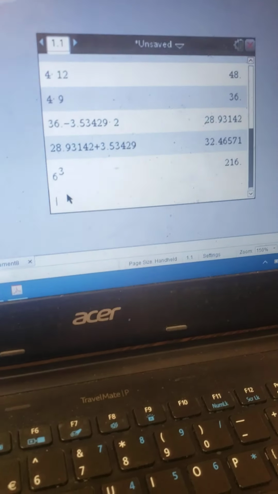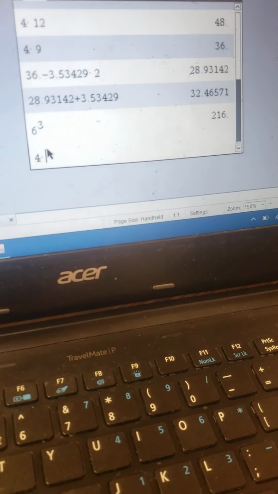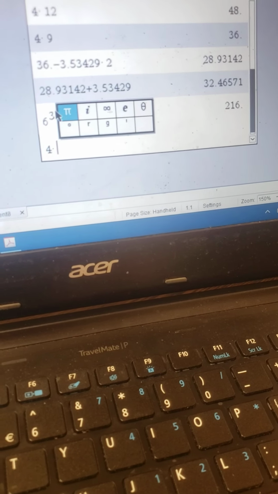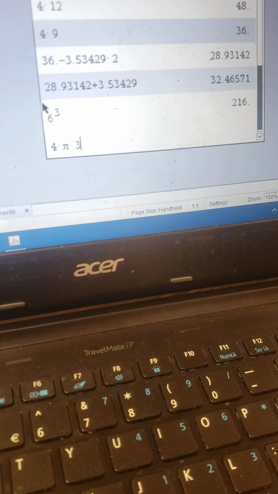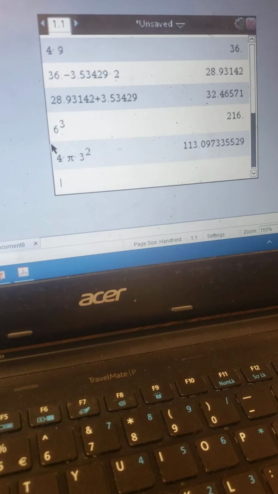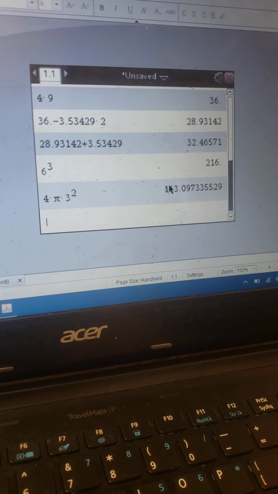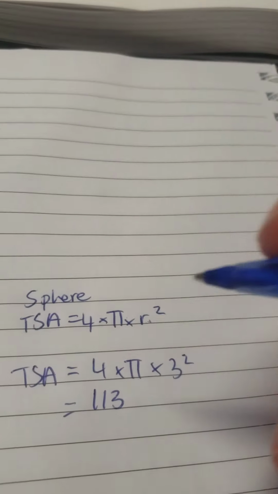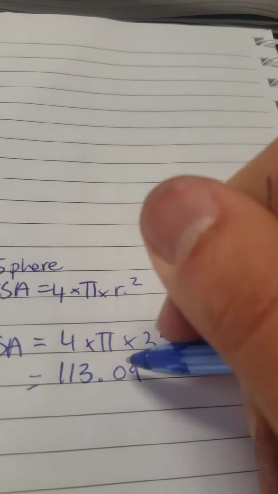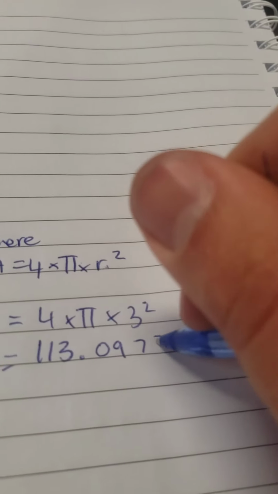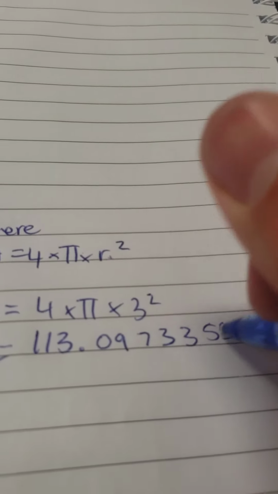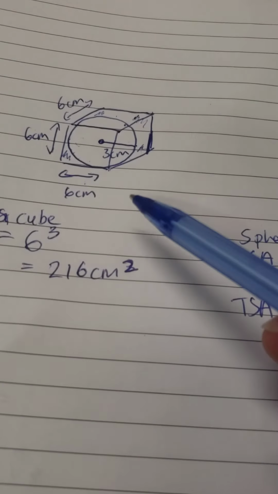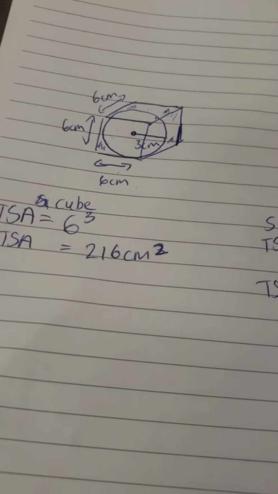We'll work out the total surface area of the sphere. Our sphere has a total surface area of 113.3355, and I'll add a few decimals so we're as close as possible. Again, your answers could be different to this depending on what length you use for the cube.